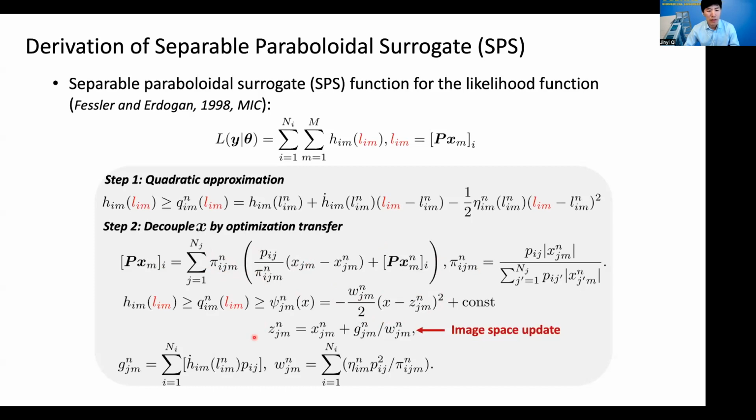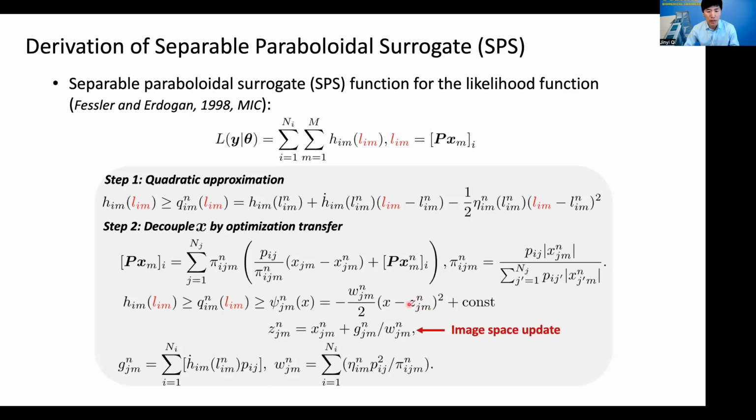So there is an implicit summation over I over here, and then summation over J over here. On this side, we sum over all the measurement bins. On this side, we actually sum over all the image voxels. And then for each voxel, as I mentioned previously, it's essentially this z superscript n.